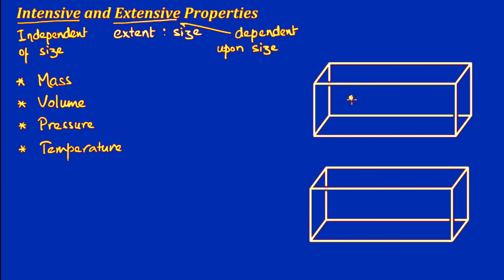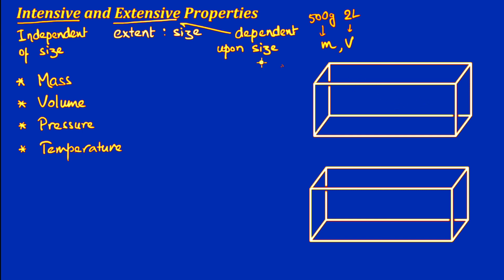So let's assume in this container we have a gaseous sample of mass m. Let's say m is equal to 500 grams. Similarly, let's assume that this container has a volume V, say for example 2 liters.